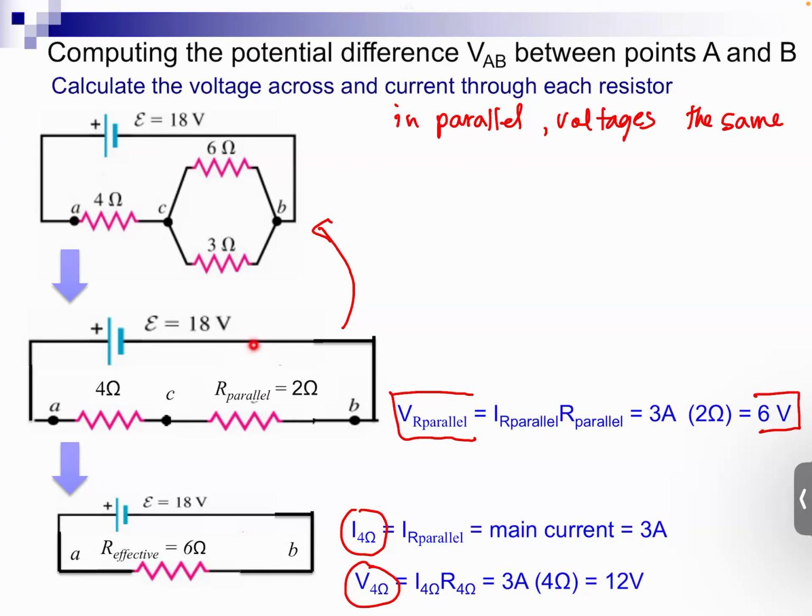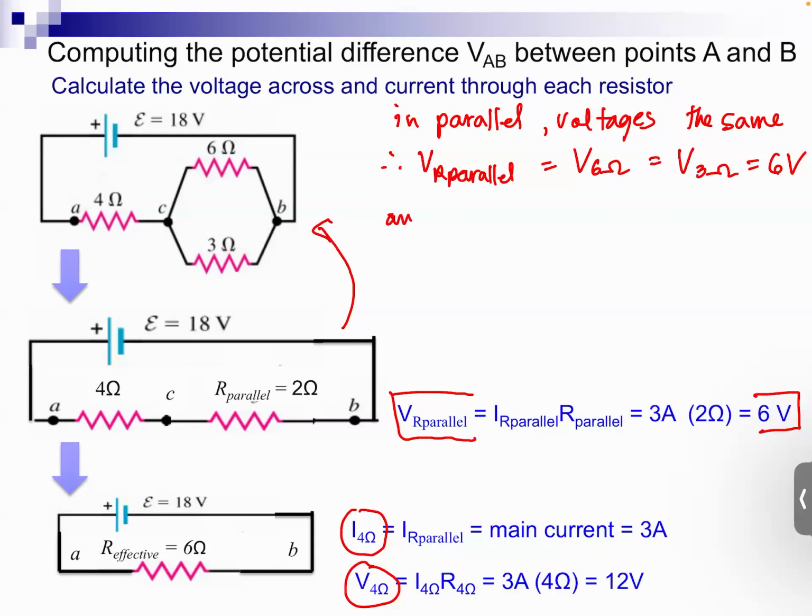So therefore, the voltage across this R parallel should be equal to the voltage across each of the resistors that make up that parallel connection. So the voltage of R parallel is equal to the voltage of the 6 ohm resistor, and that's also equal to the voltage of the 3 ohm resistor. So that's 6 volts. Each of the 3 ohm and 6 ohm resistors will have a voltage of 6 volts.